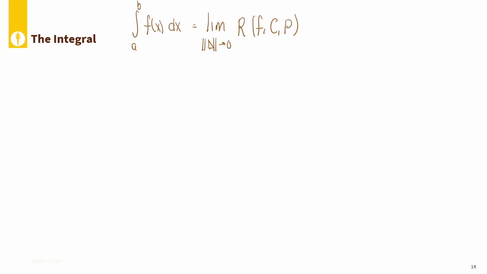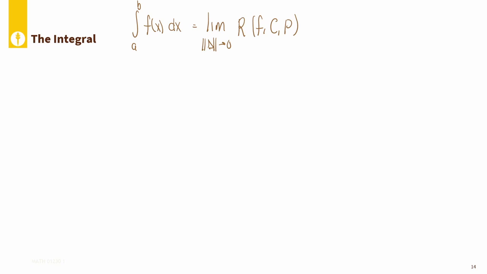You need a set of points called C, and you need a partition of the interval called P. So you partition your interval, you choose a point from each partition, sum F at each of those points. That's a Riemann sum. Or I'm sorry, the Riemann sum is the sum of the function evaluated at each of the points times the length of that partition.